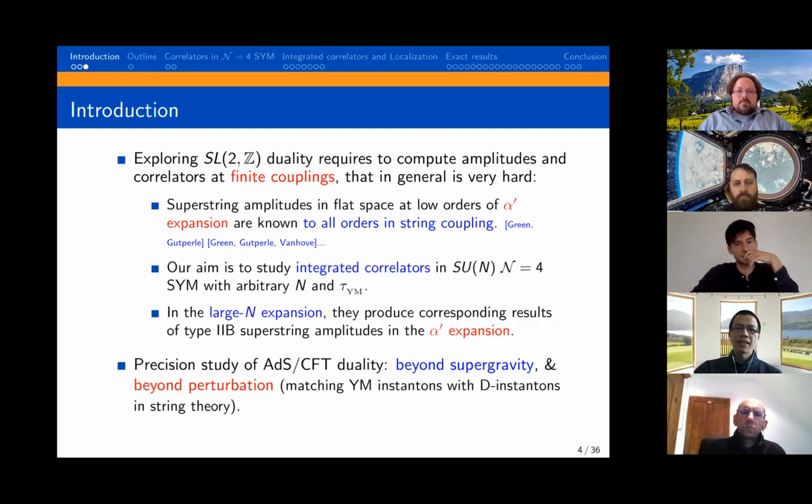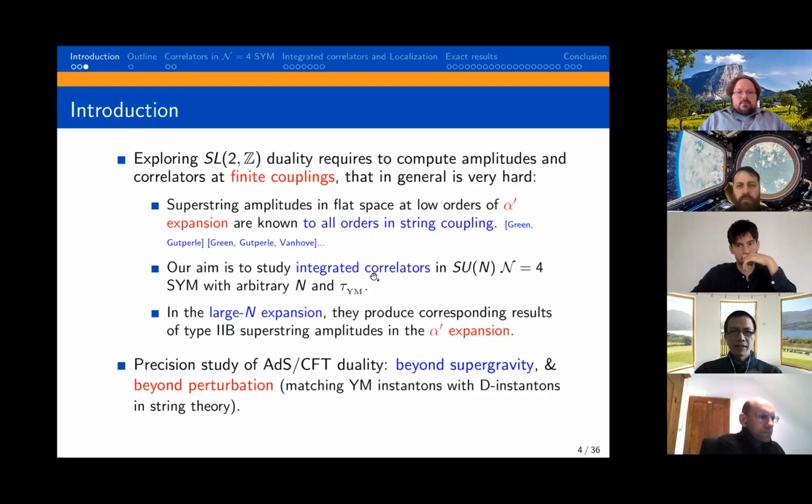But luckily, in the case of string theory, at least in flat space, due to the work by Green and his collaborators, it has been known for quite a while that, at least for the first few orders in the low energy expansion or in the alpha prime expansion, the string amplitudes are known to all orders in string coupling. I will review this briefly at some point when it's necessary.